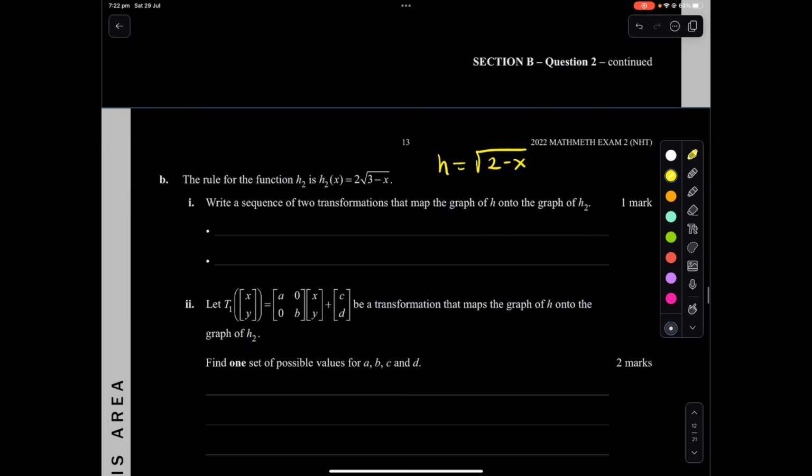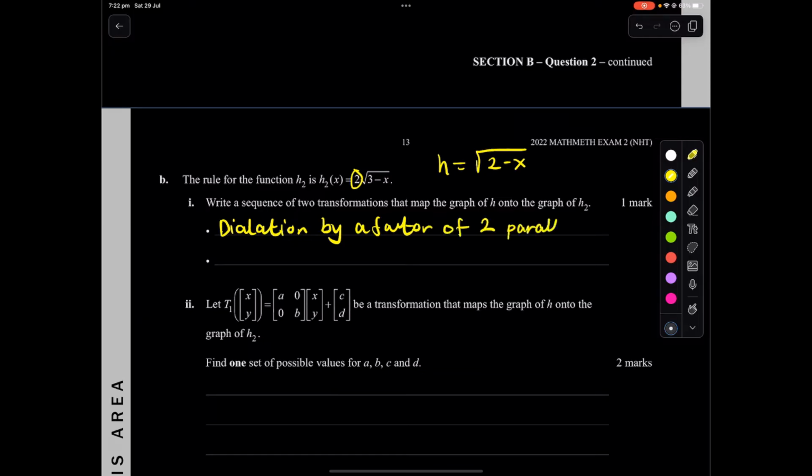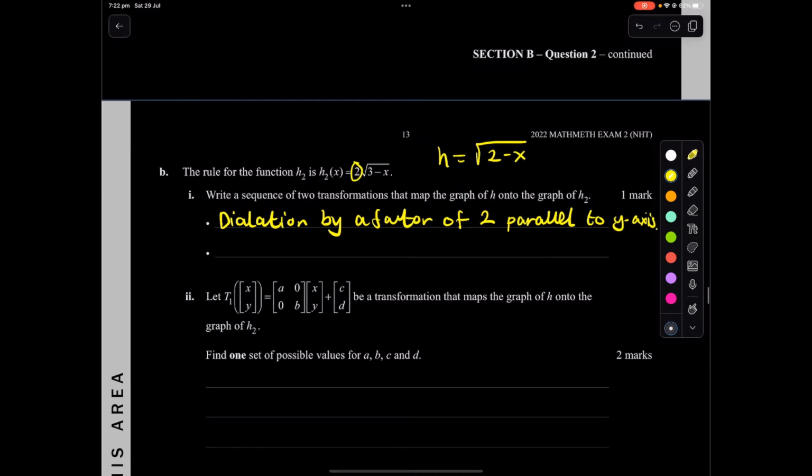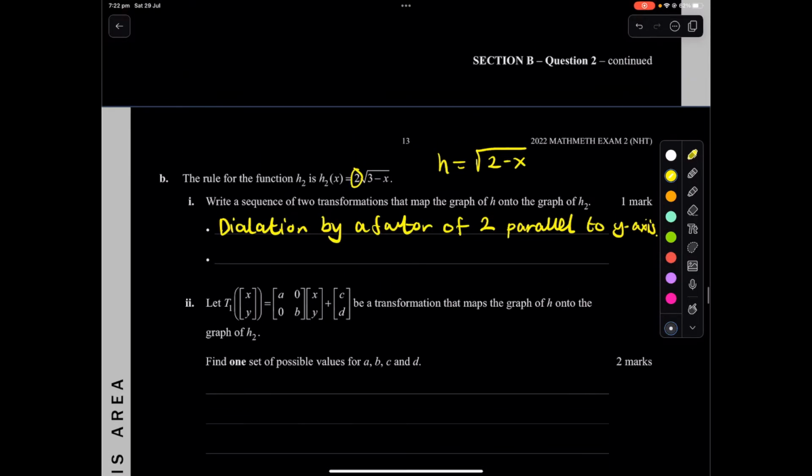What's happened is, we can see that there is a dilation by a factor of 2 parallel to the y-axis. Or, there's another way to write it, we can say a dilation by a factor of 2 from the x-axis. So they're the same.